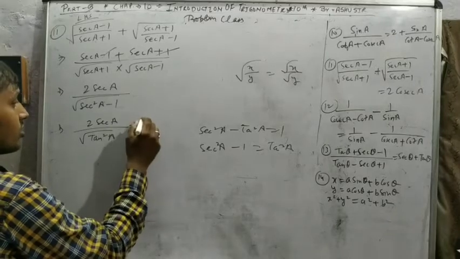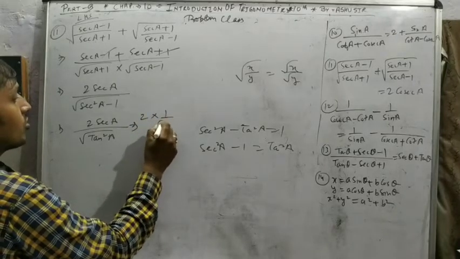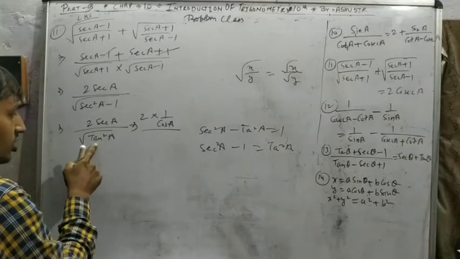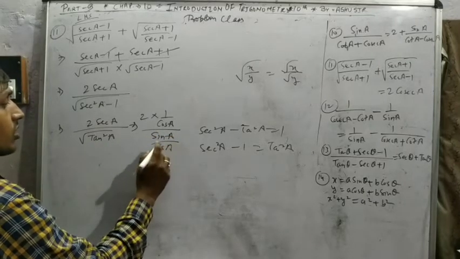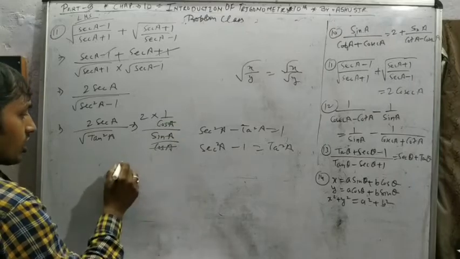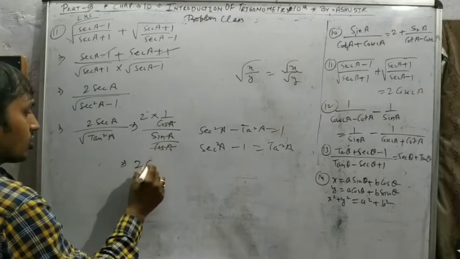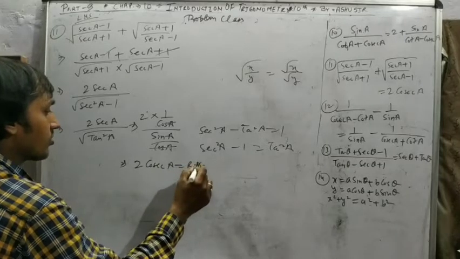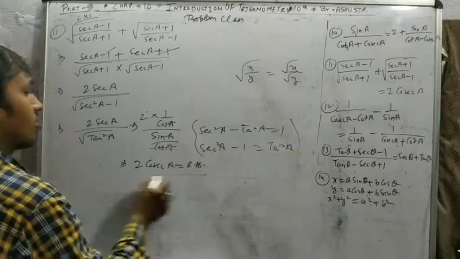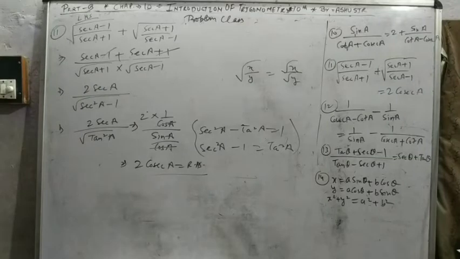So we can write 2 into 1 upon cos A, and this is only tan, sin upon cos A. Cos cancel. 2 upon sin, that is 2 cos A RHS. Okay, pause video, note down.